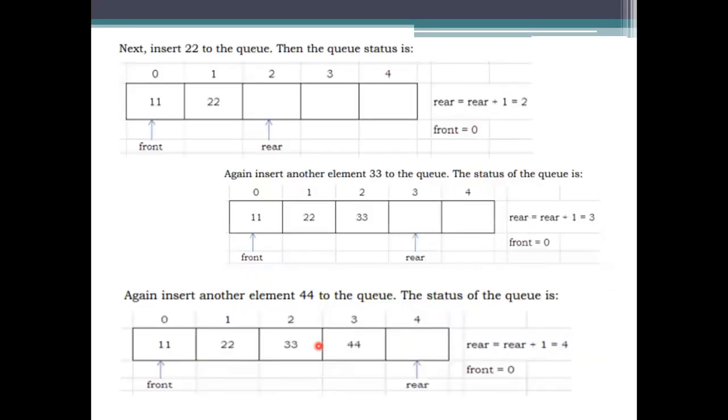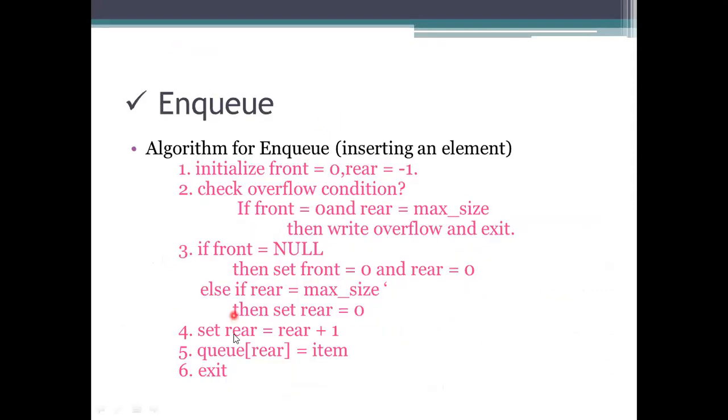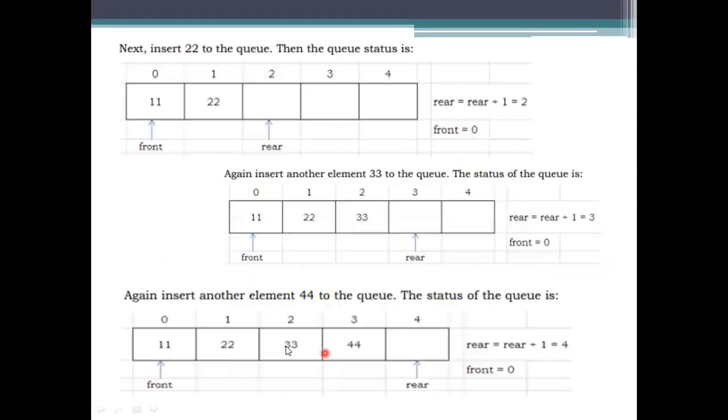And then, coming to the next one, 22. Here the 22 will be inserted. So how is it going to process? Rear is equal to rear plus 1, q of rear is equal to item. So whenever we get into that, it is processing the values.